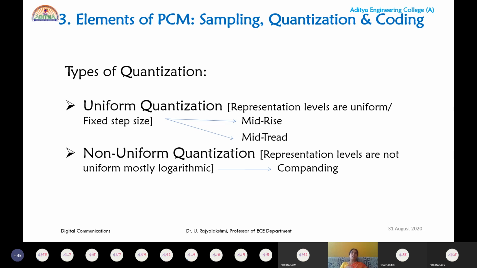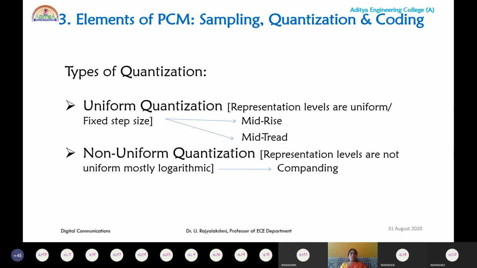Now, if the step size is constant or fixed throughout the amplitude levels, from 0 to 1 level, 1 to 2, 2 to 3, 3 to 4, up to 2 power n, then it is called uniform quantization.